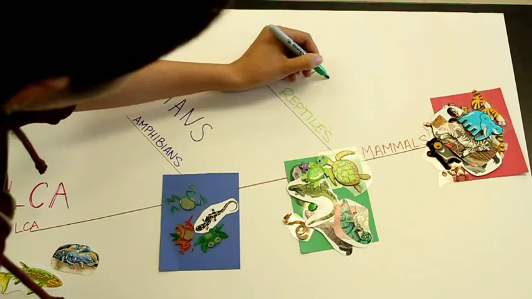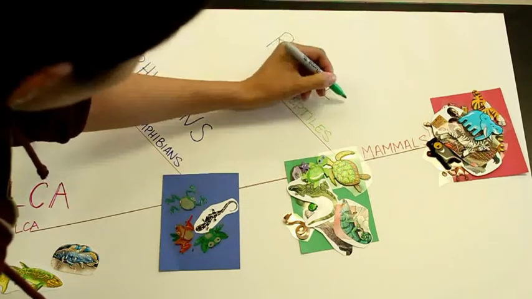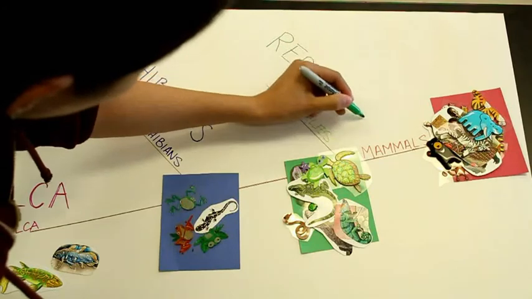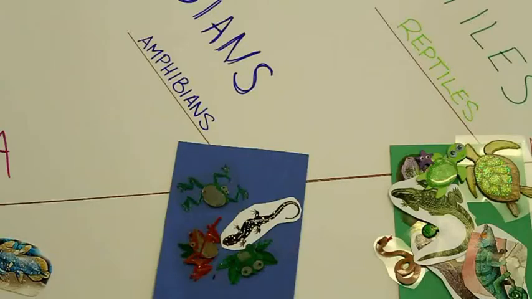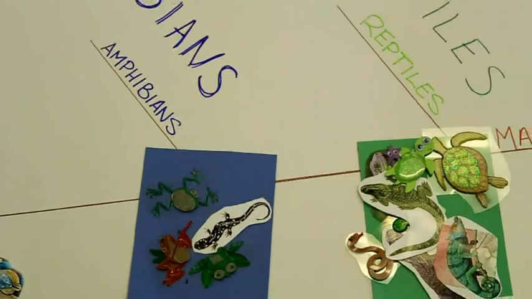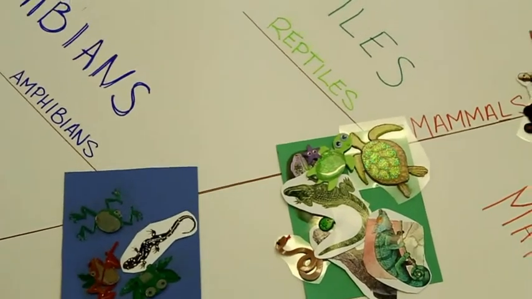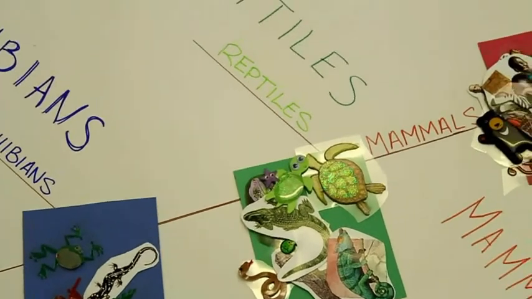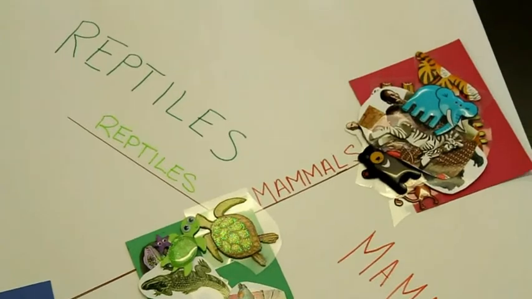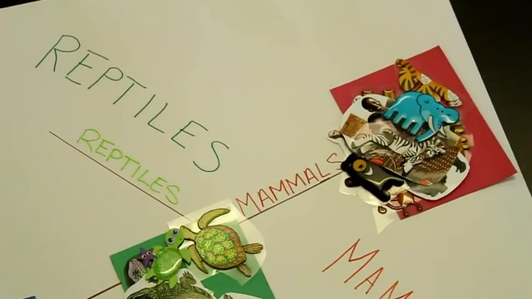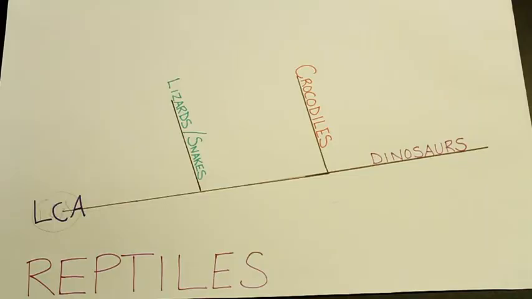So they go in the third group. Now we've removed a branch from our original cladogram.